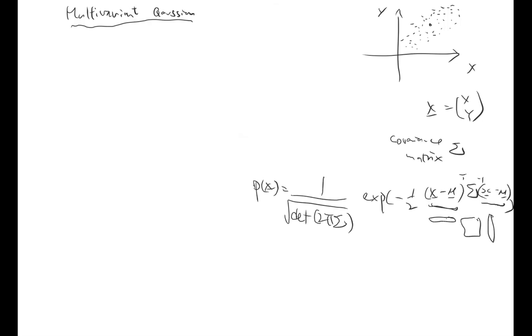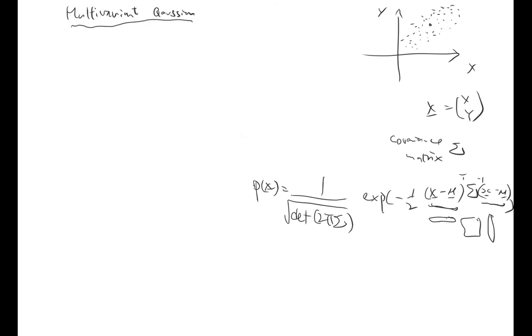It's a little bit trickier, but it's the same thing. It doesn't necessarily have to be diagonal. If it's diagonal, then you have x and y independent, basically.